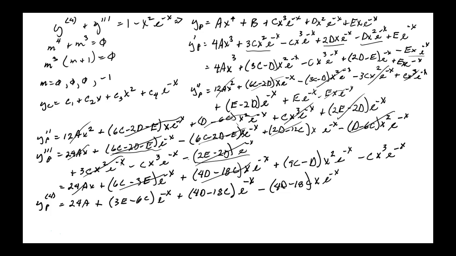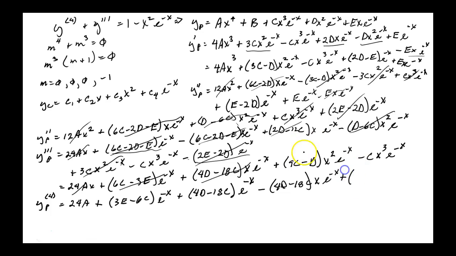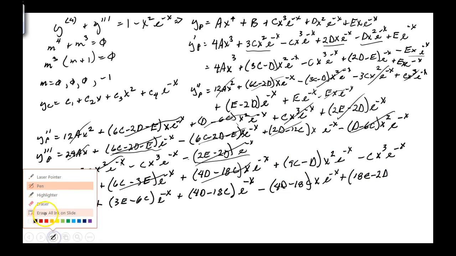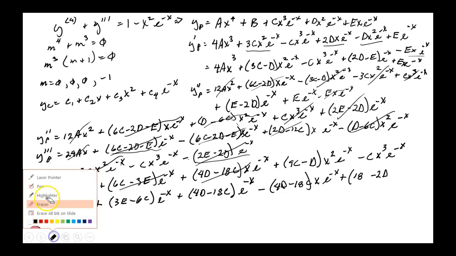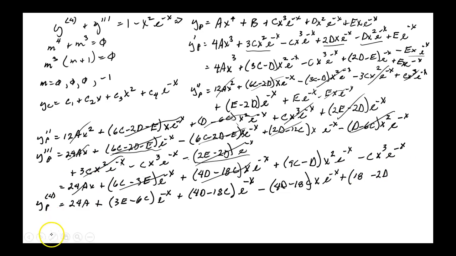All right, I'm going to double now, so that's going to be a plus 2 times 9 would be 18c minus 2d, and this pen is messing up on me. We're doing the derivative of 9c. Okay, yeah.